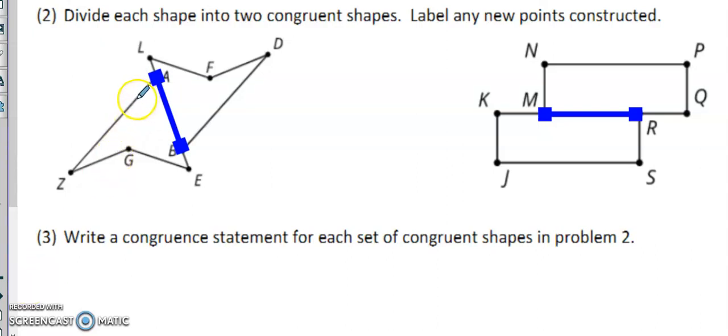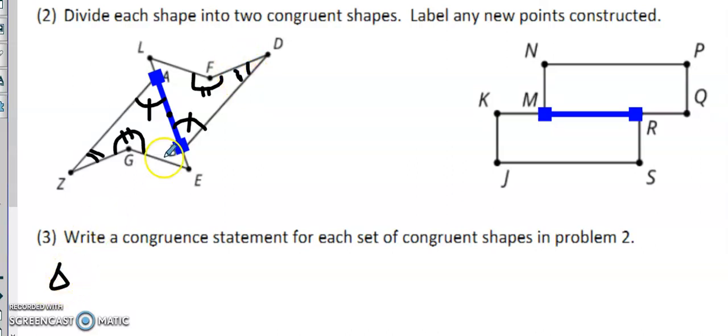So angle A here and angle B down here would be the corresponding angles if I would rotate the shape 180 degrees around this point here. Angle G, which is a reflex angle, and angle F would also be the corresponding angles. Angle Z would be same as D, and then E would match up with L.